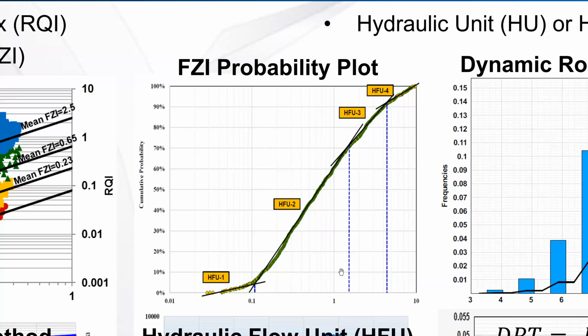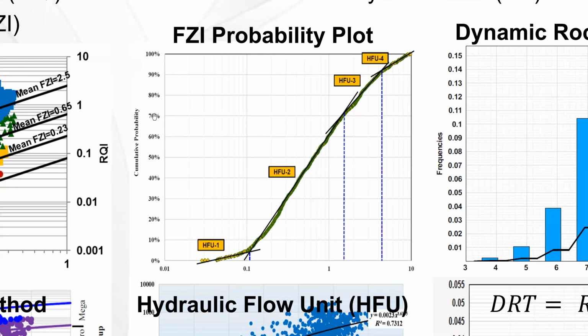In this plot, we have a normal probability plot, which is FZI against the cumulative probability. The concept is that each reservoir rock type or flow unit will have a certain line with a specific slope.